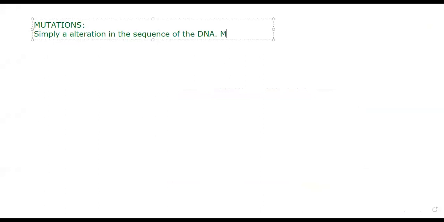Now, mutations, I already told you guys, can be harmful, harmless or silent, whichever word you want to use, or they can actually be beneficial, right?